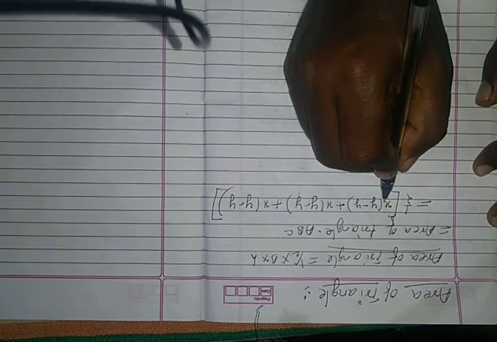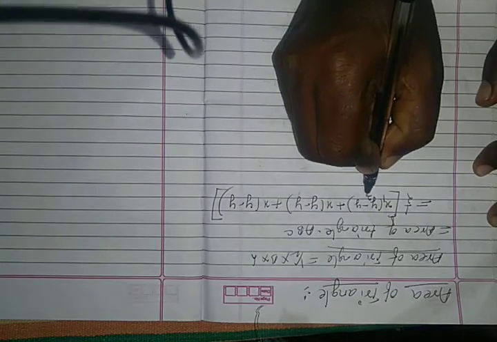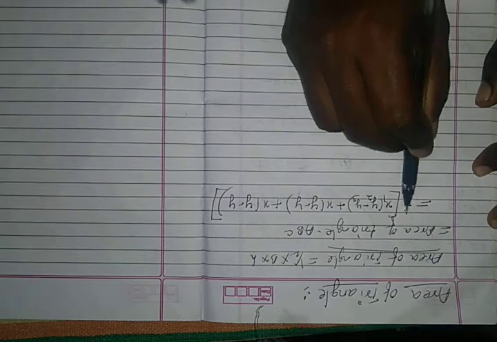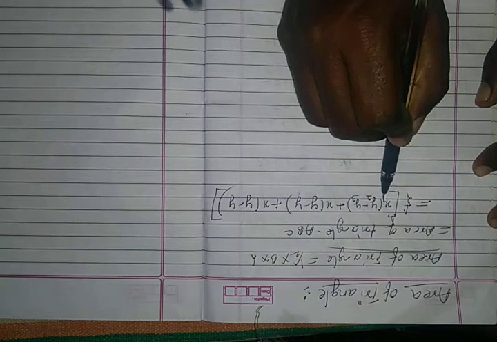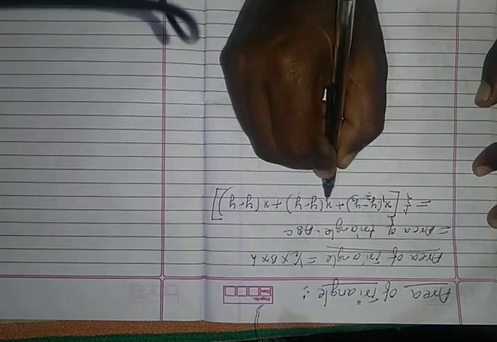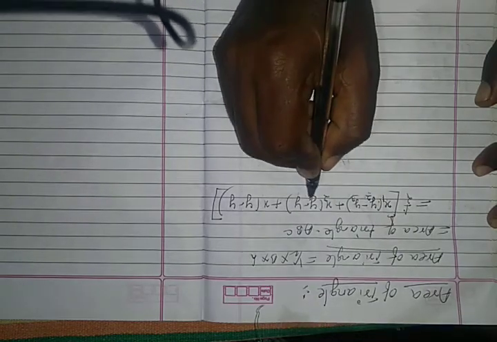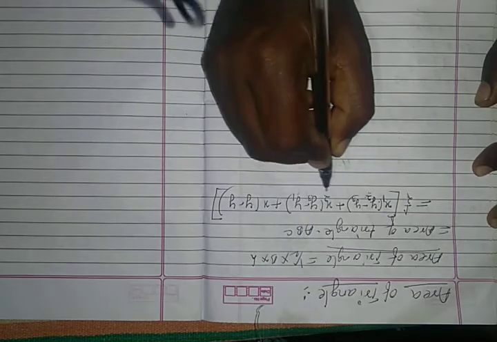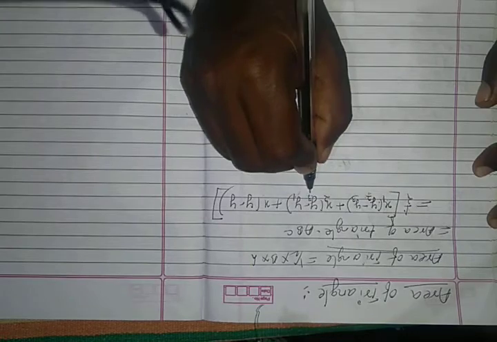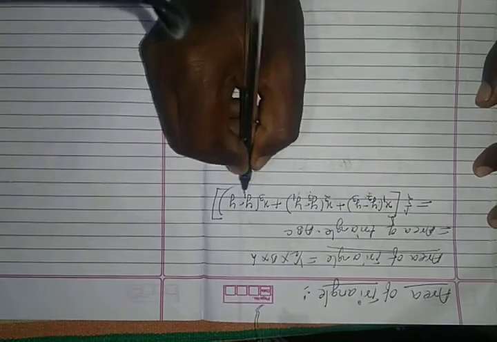So here it is 1, 2, 3. Carefully observe the numbers. Half of x1 into y2 minus y3 plus, so the middle is 2, after that 3 and then 1. So starting with the middle term 2, 3, 1, and then again the middle term is 3, 1, 2.